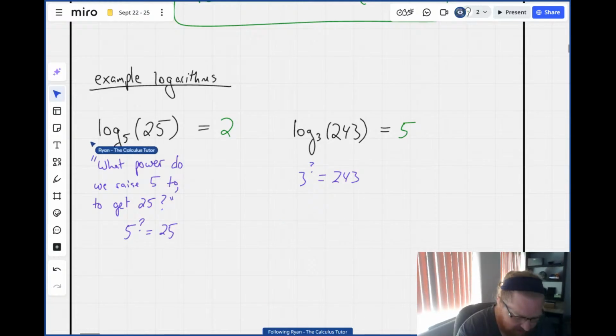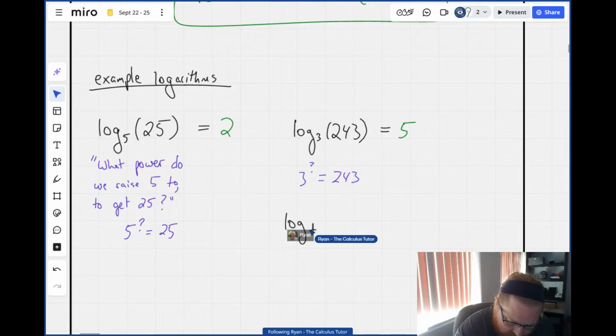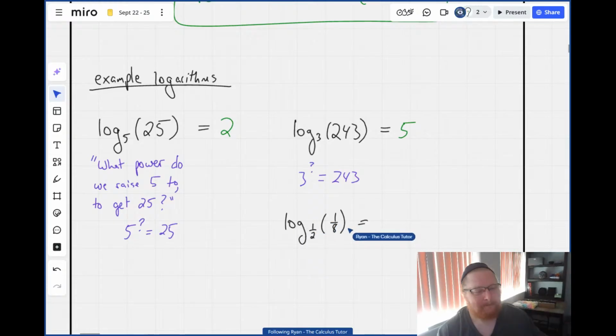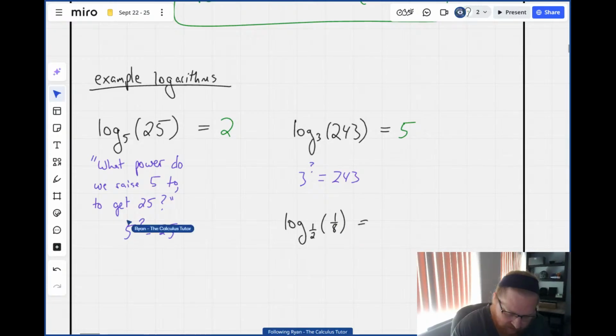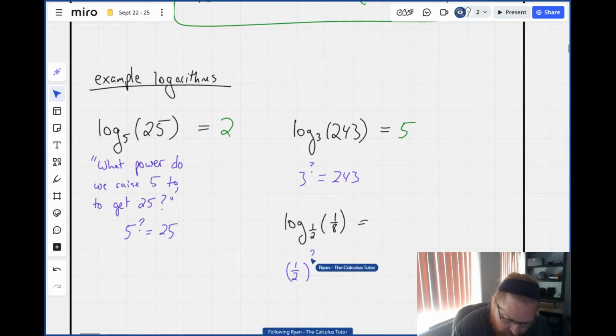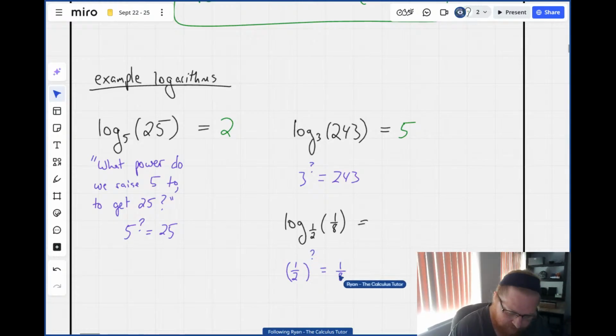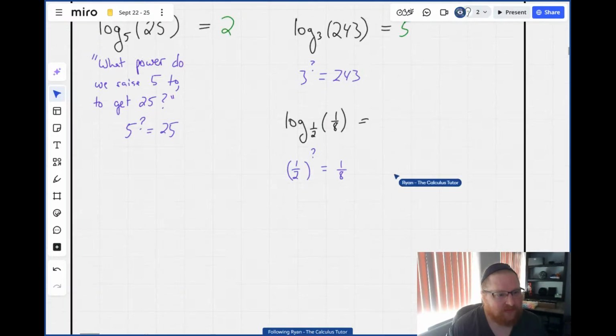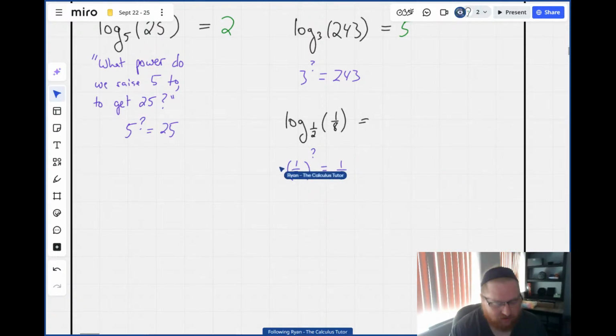Here's a little bit more challenging one. Log base 1/2 of 1/8. Ooh, fractions. Same question. We're still asking 1/2, a fraction certainly, but raised to some exponent is equal to 1/8. That's still the question we're trying to answer. We're still trying to figure out what exponent this would have to be.